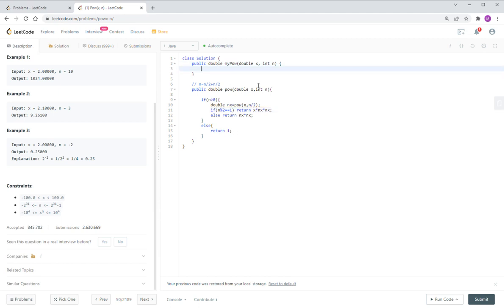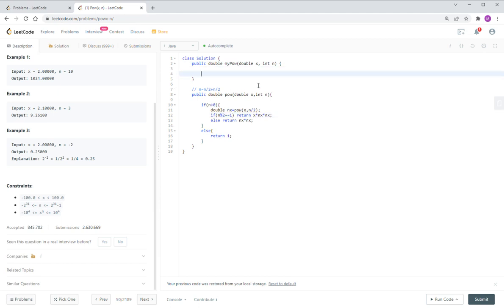So double an equals power x and n. So now we guarantee an is positive. So double an is n if n is more than 0, otherwise it is minus n, right?